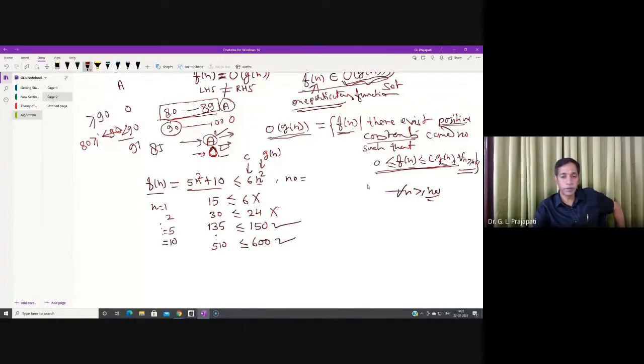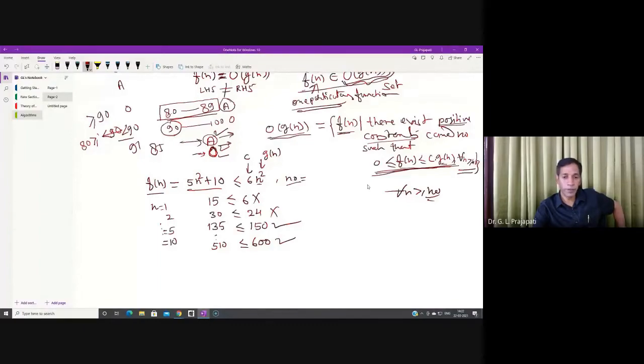So for some c you have some value, and depending on the value of c, you will have some n0. But we don't worry about which c and which n0. If there exists, you can find any c, and for that you have to determine whether there is some n0 for which this relation holds true.